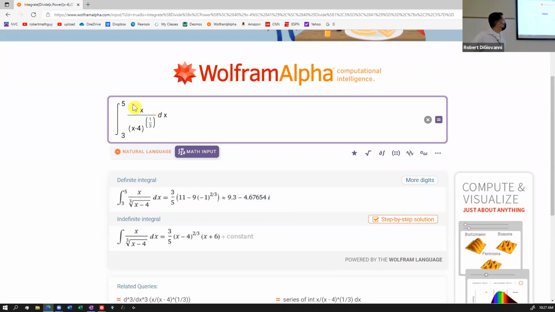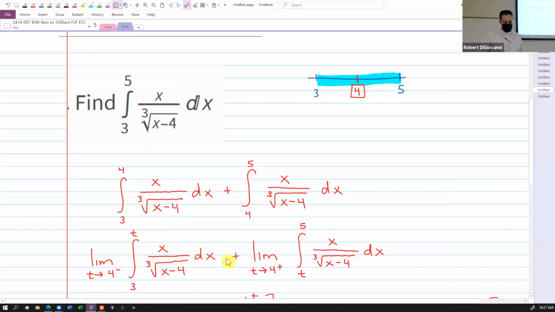Okay, so let's try this. What if we go from 3 to 4? Shouldn't that just be that first piece? 3/5 minus 6, right?